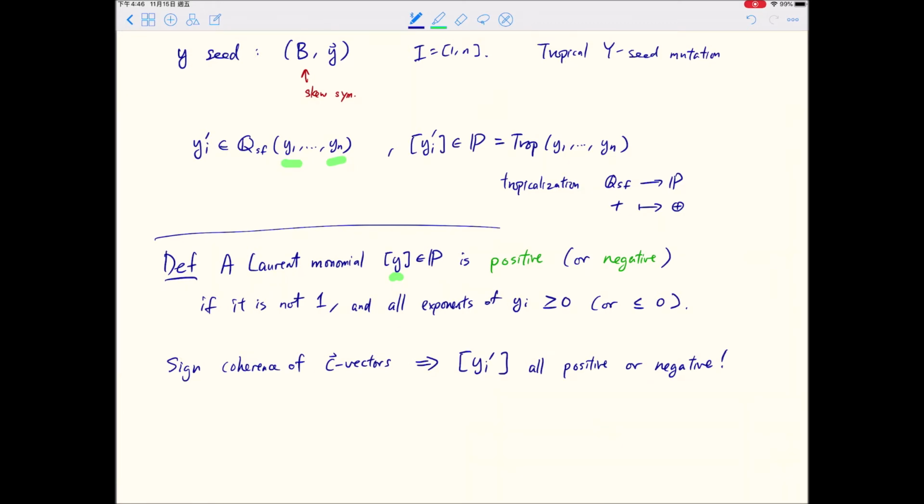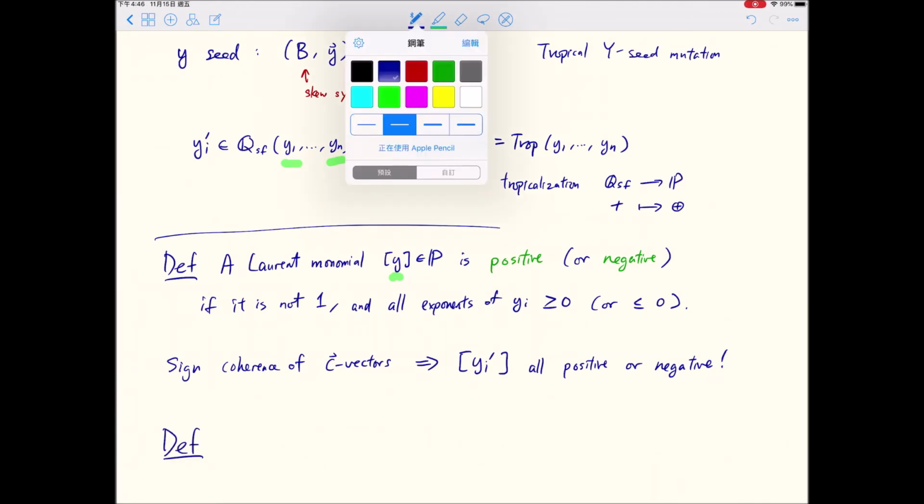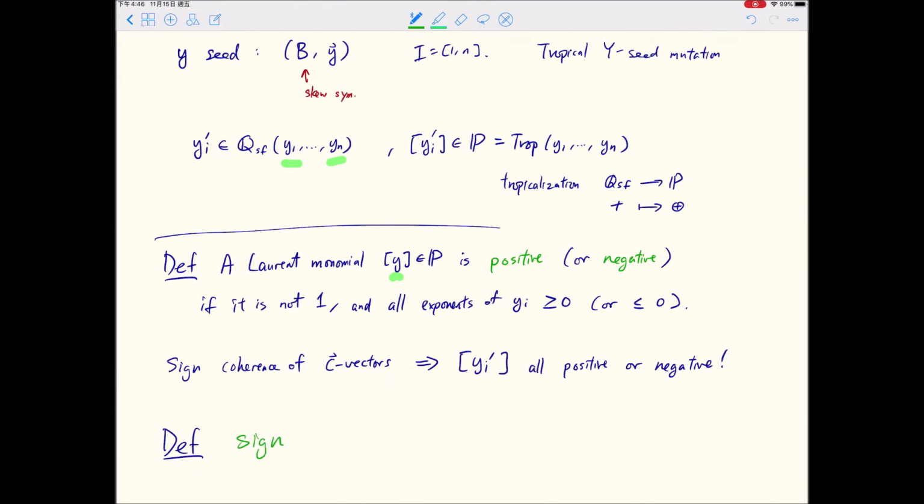And so the tropicalization of y prime really is just the monomials where the exponents are the C vectors, and we learned that C vectors have sign coherence, which means that all the exponents are either non-negative or non-positive. So all the tropicalizations of these Y seed variables will be positive or negative. Hence, we can have a well-defined notion of the sign, just like usual. So we say that a variable is positive or negative if the sign is positive or negative.